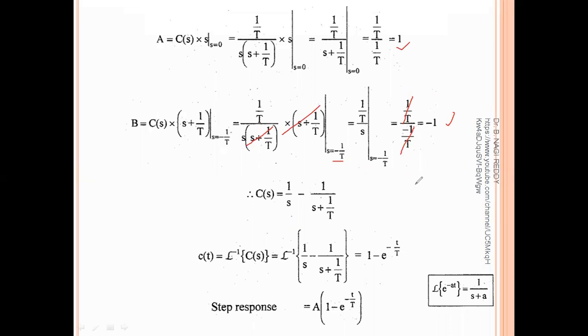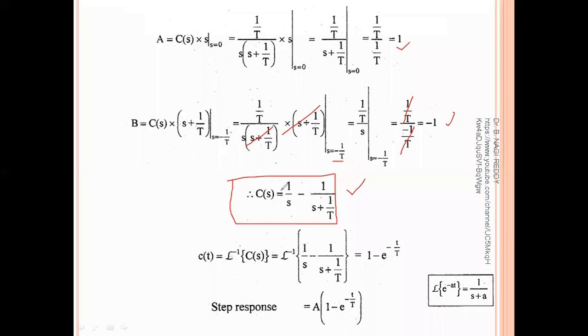Now substitute a and b values in the C of s. So this is the C of s response, the output response, but this is in the Laplace domain, not the time domain. However, we have done partial fractions in order to convert this C of s into the time domain easily.